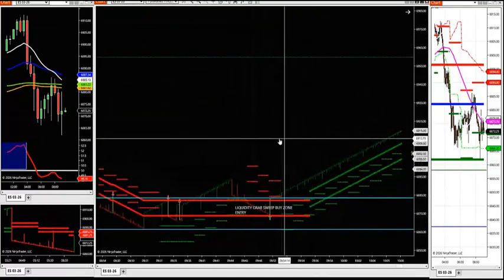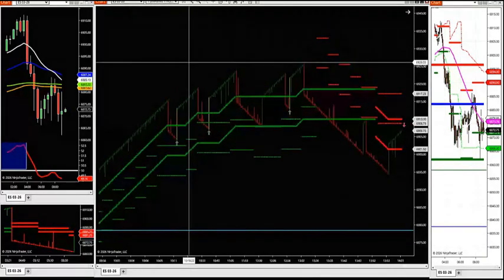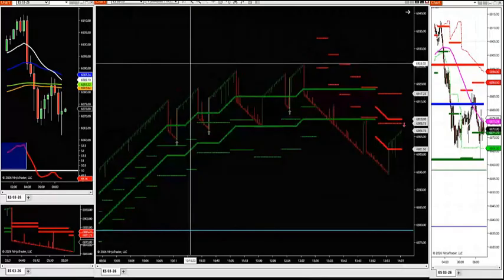We got the buy zone, and this was a great buy at 68.78, and it ran all the way to 69.25 3/4.